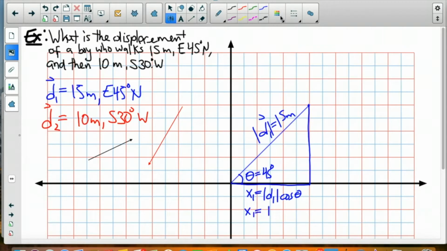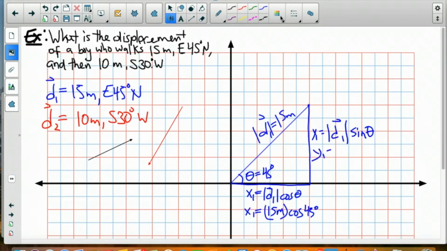So that is just 15 meters times the cosine of 45 degrees. And over here we have y1, which we know is the length of D1 times the sine of theta.